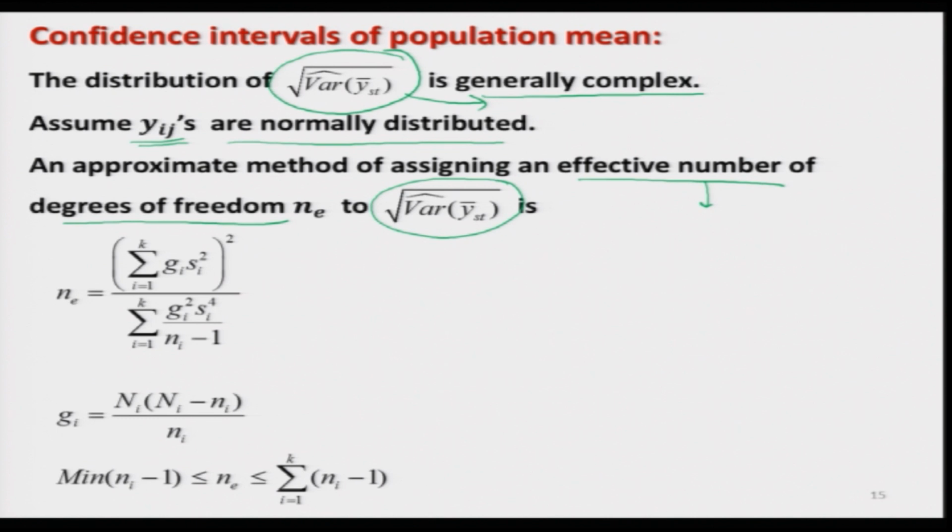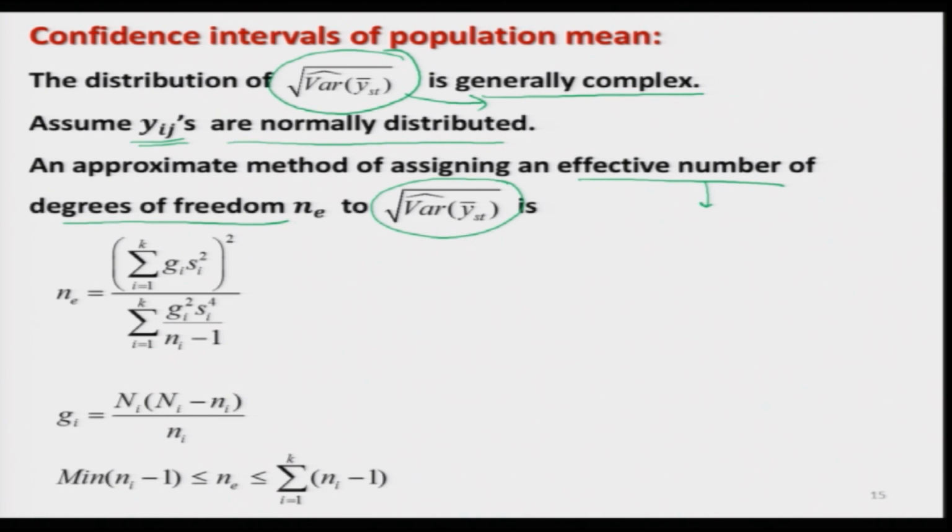So it is not possible to get the exact number of degrees of freedom. So we try to approximate it, and the approximated value may not always come out to be an integer. That is why the value which we estimate is called the effective number of degrees of freedom.